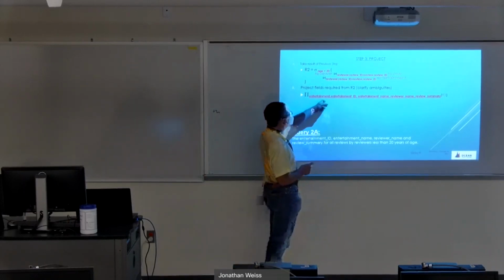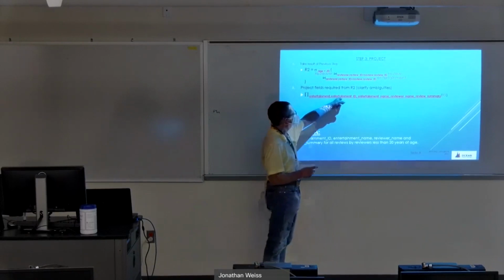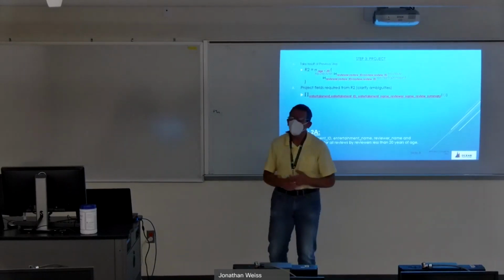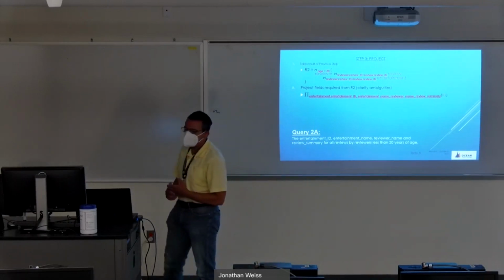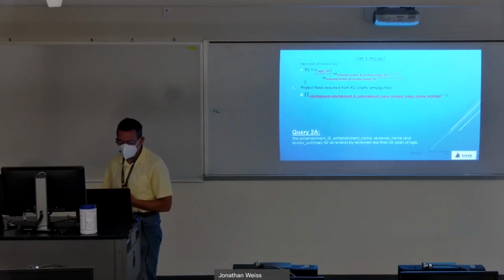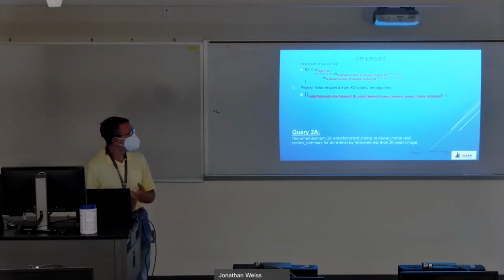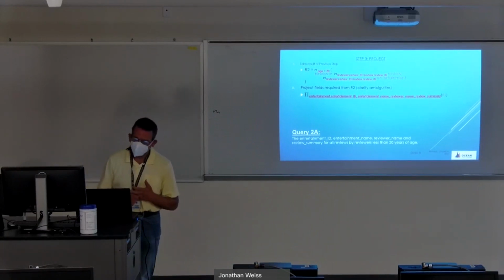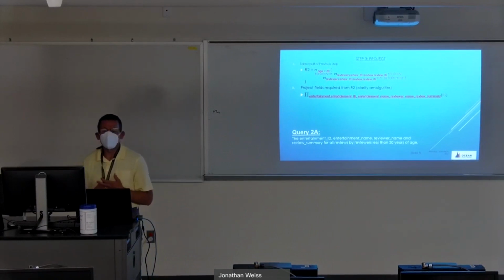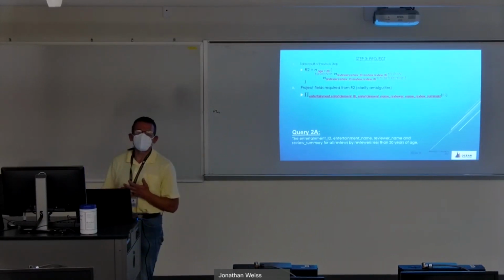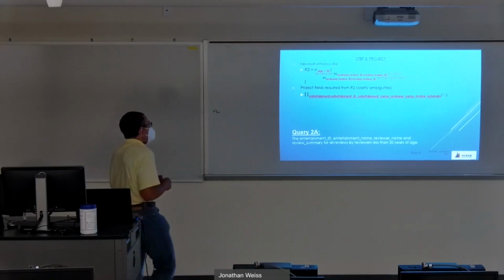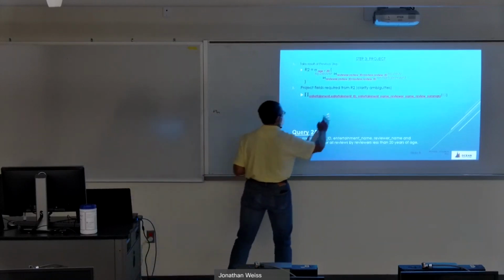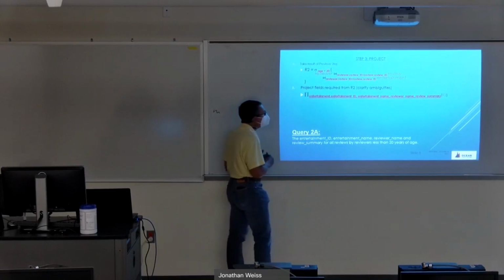Now, the important thing here to realize is that entertainment ID exists in multiple tables. It's a primary key in entertainment, but it's also a foreign key in both review and credits, right? So, because we have review in this join, we have to make it clear what entertainment ID we want to use here, because there are a choice of 2. So that's why I have to put the table name in front of entertainment ID.